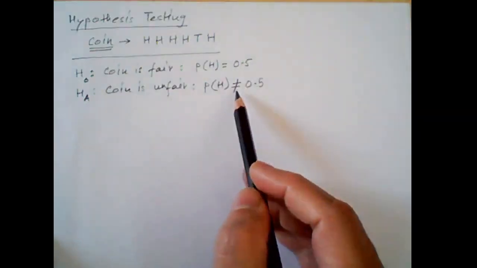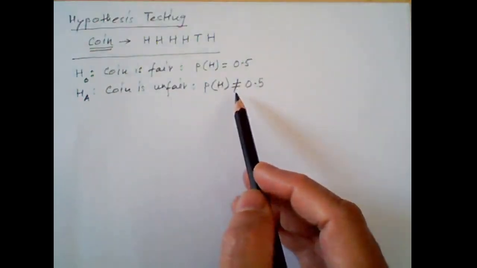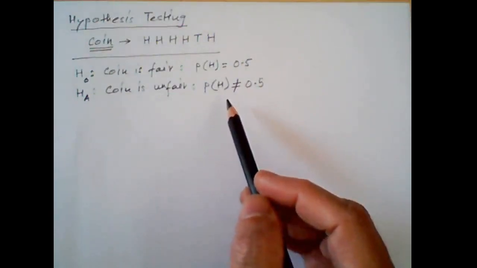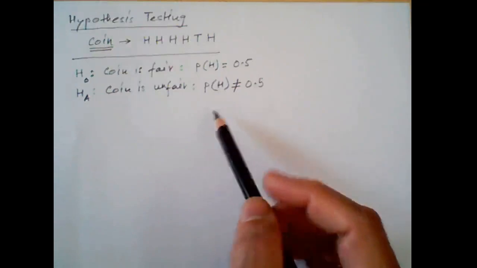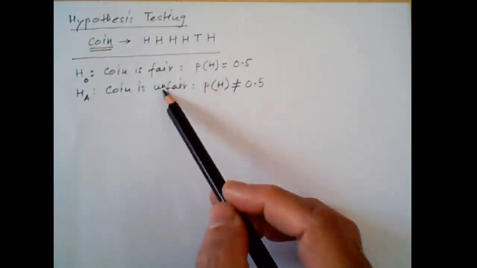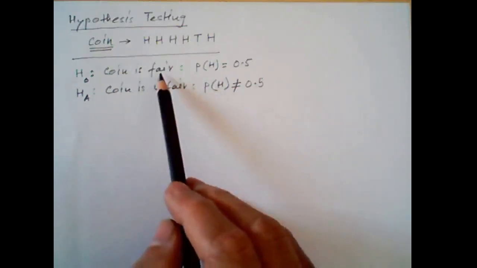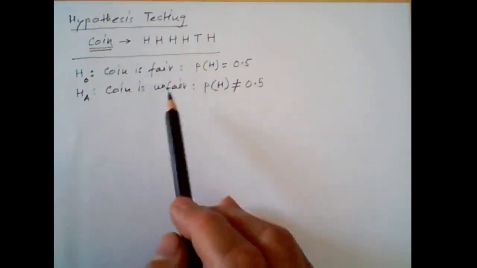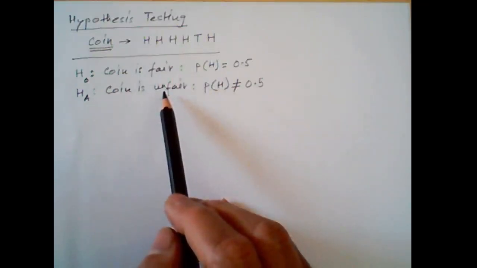Note, it is not equal to 0.5, meaning all we are interested in is going by either one of these hypotheses. Either you think that the coin is fair, or at the end of the day you conclude that the coin is unfair.